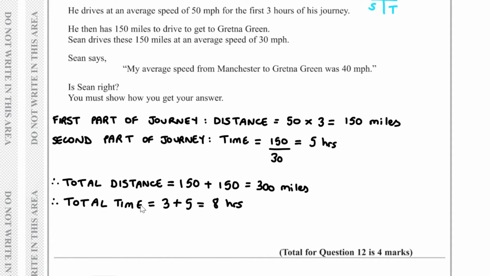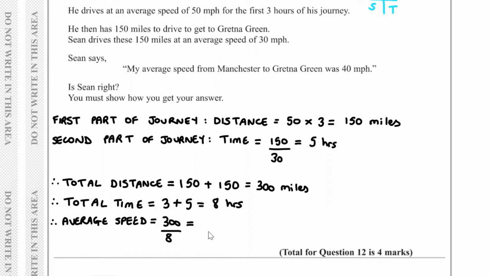And therefore, the average speed is equal to the total distance, 300, divided by 8. So here, we can simplify this and then compare it with the 40 miles per hour.